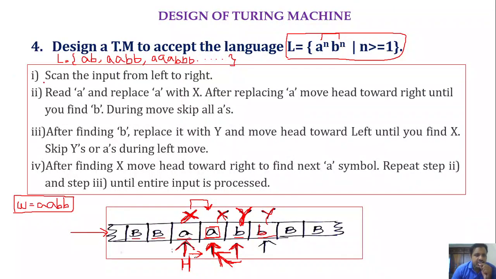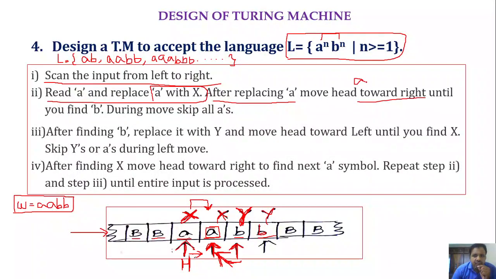So the first thing is that we have to scan the input from left to right. First, read an a symbol and replace a with x. After replacing a, move the head towards the right.